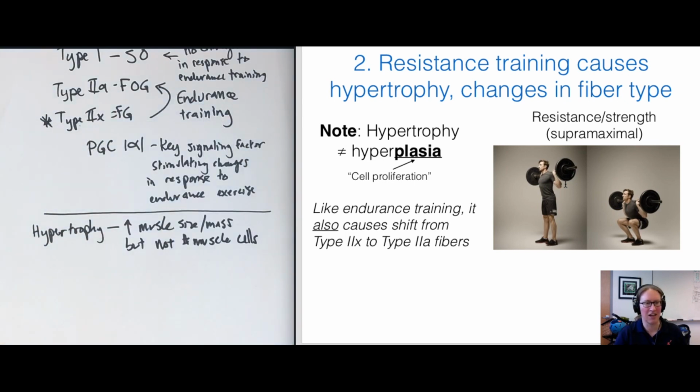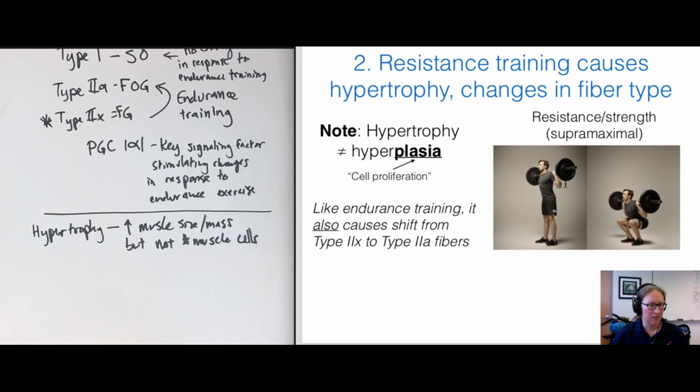Right, which is what hyperplasia refers to. So it's important to keep in mind that typically the number of muscle fiber cells that are present within a muscle remains constant, generally speaking, over the lifespan of an animal. So only the size of muscle fibers changes.